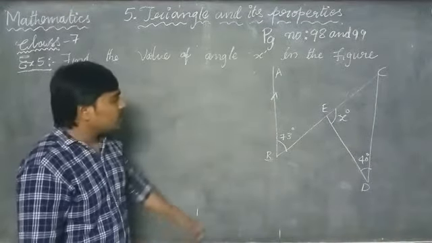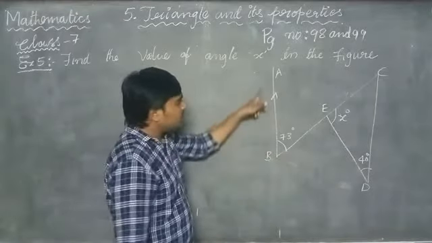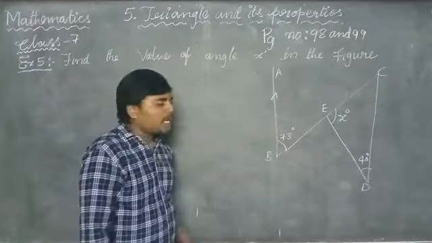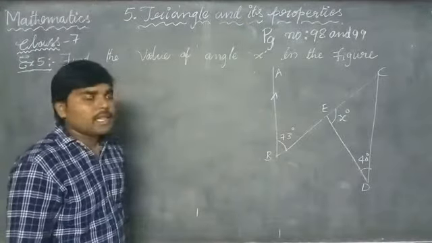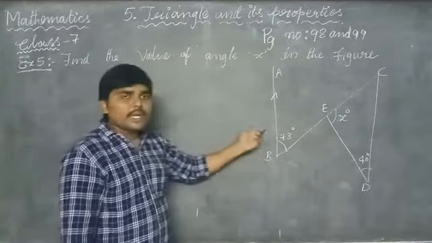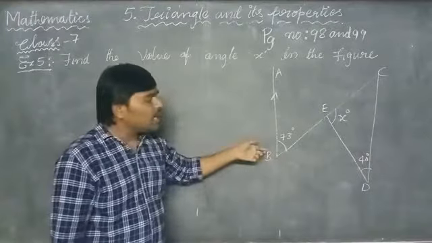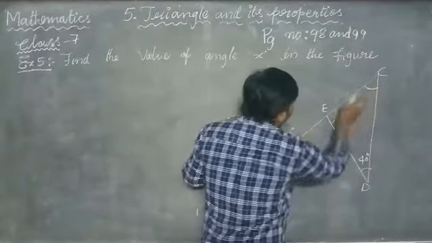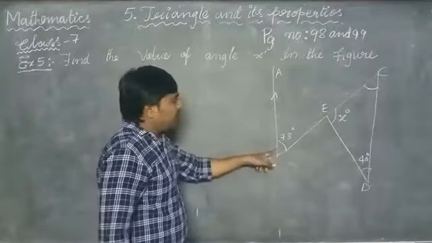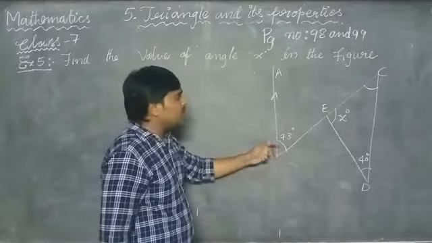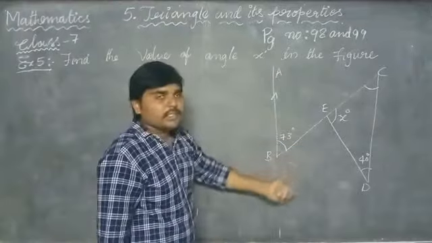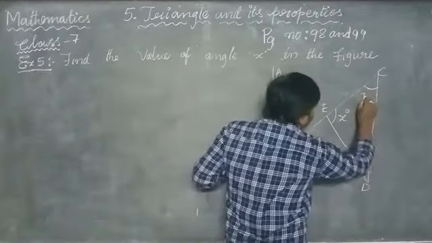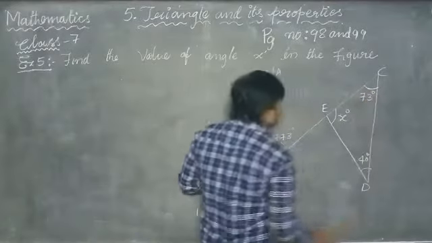Okay. If you observe these two lines, AB and CD, both are parallel. That is why, if any two lines are parallel, then the alternate interior angles are equal. Here angle B is 73 degrees. Since AB and CD are parallel lines, the angle at C is also 73 degrees.